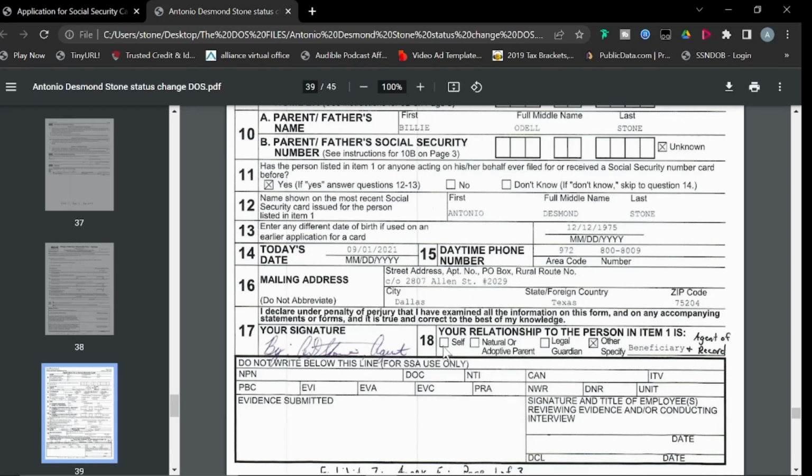The reason I know this is because when you go inside and go to the kiosk to get your number, this story is about me misplacing my Social Security card. That's why I'm showing this and going back over it.